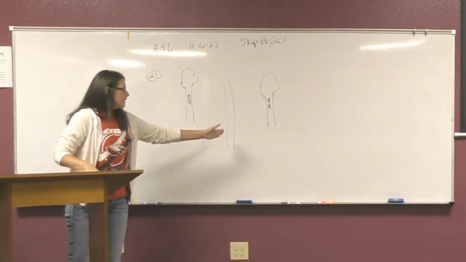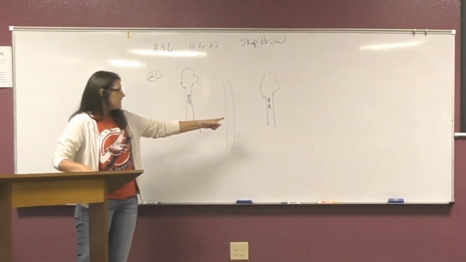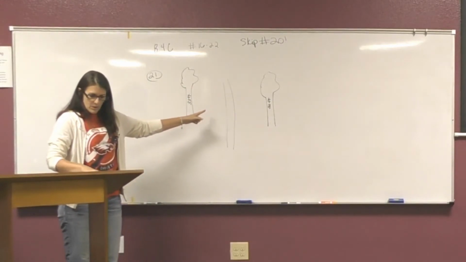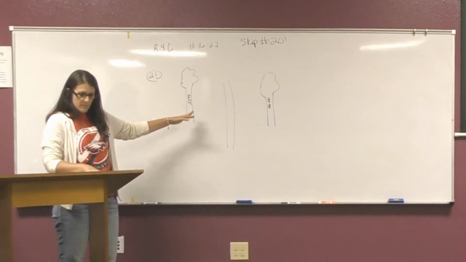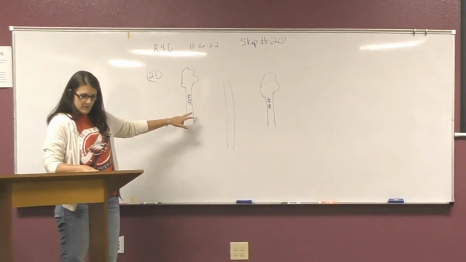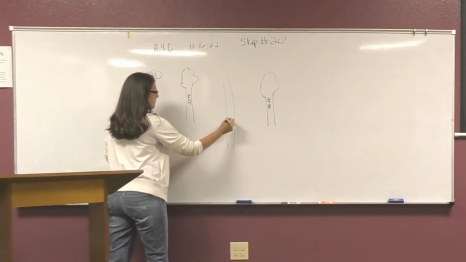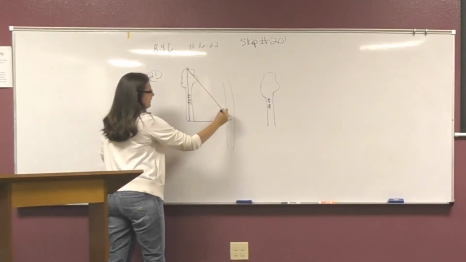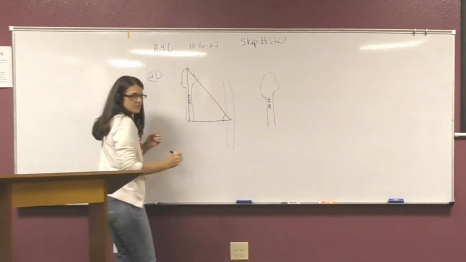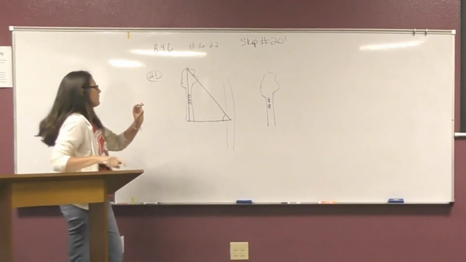We got a path that goes between them. The angle of inclination from the center of the path to the top of the tree is 55 degrees. Yes, the 55 degrees goes to the top of the 33 foot.